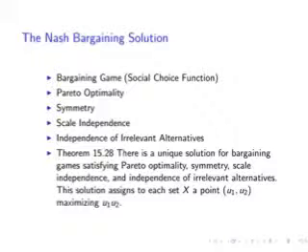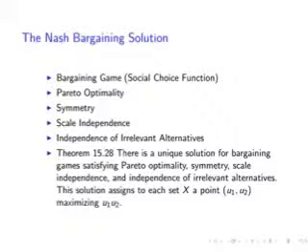More formally, a bargaining game for two players, the case of more players is similar, is given by a set X, which is defined in R^2, along with a disagreement point D in X. Each point in X corresponds to one outcome of the bargaining and specifies the utility of each player for that outcome.